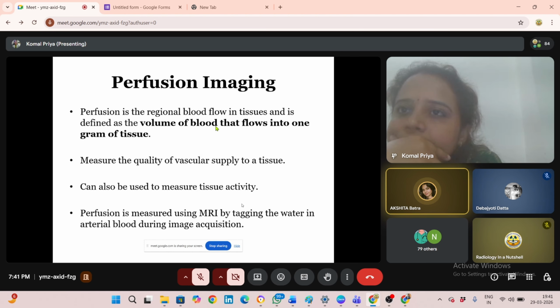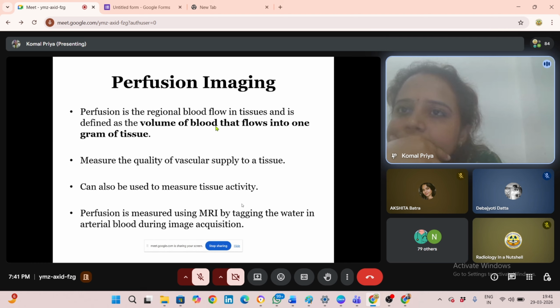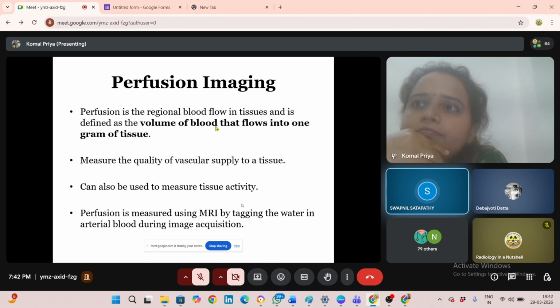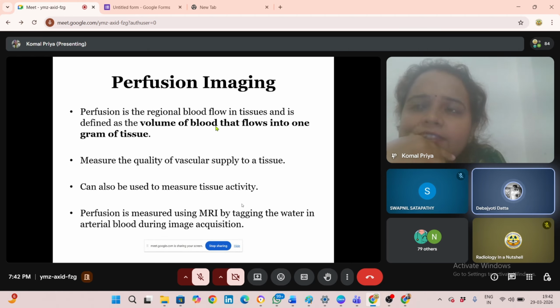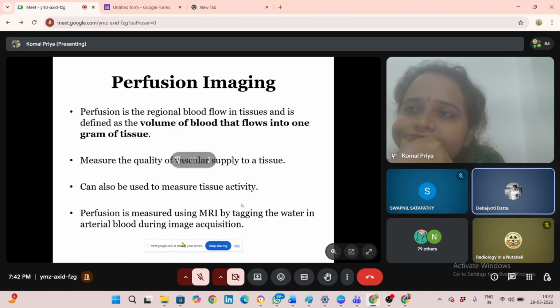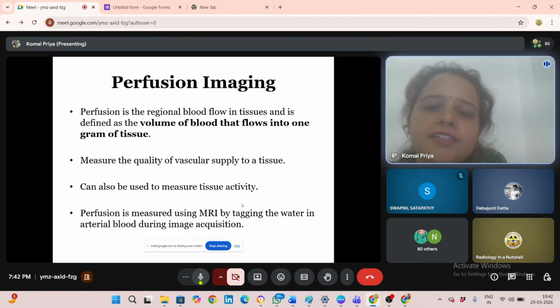NMR. Yes, but what happens in that? Briefly, you can tell me. Ma'am, alignment of tissues in a magnetic field. Okay. Anyone else? It is the principle of the hydrogen atoms: when we place a patient in an MRI scanner, the external magnetic field aligns them.